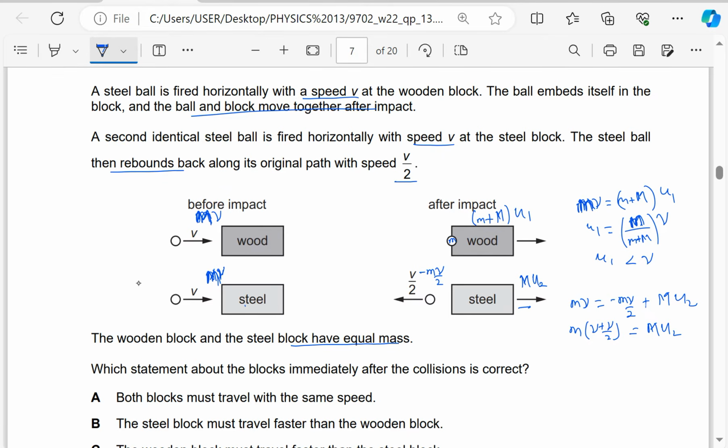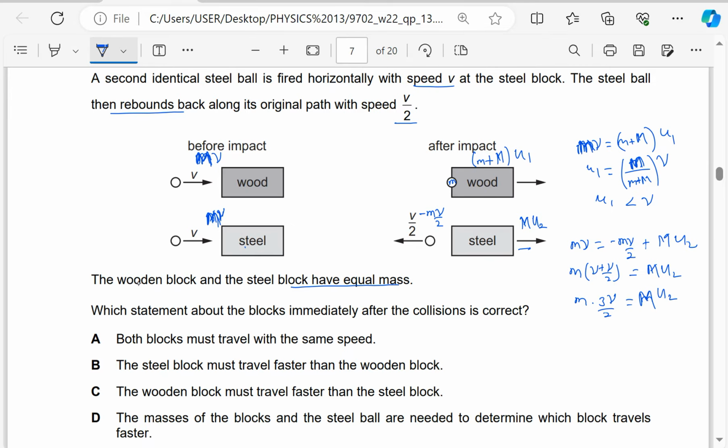So v plus v over 2 is 3v over 2. So I have m times 3v over 2 equal to capital M times U2. Making U2 the subject, U2 is equal to small m over capital M, times 3 over 2, times v.